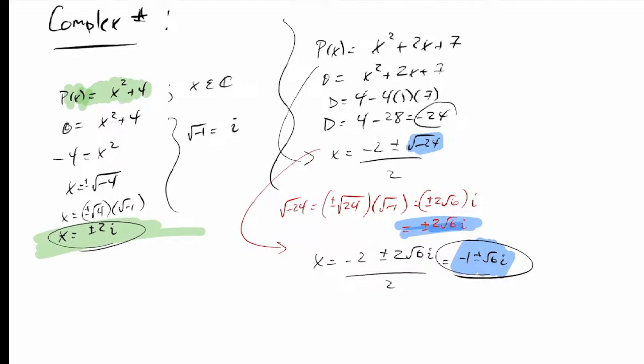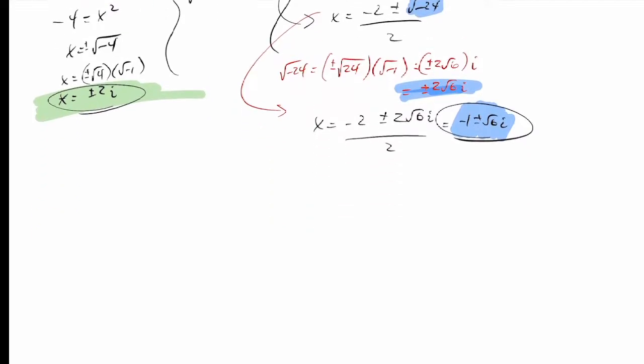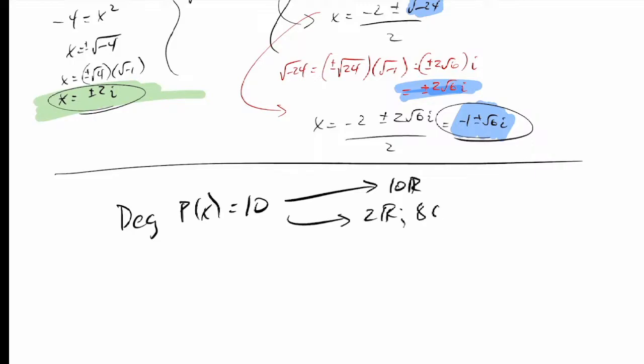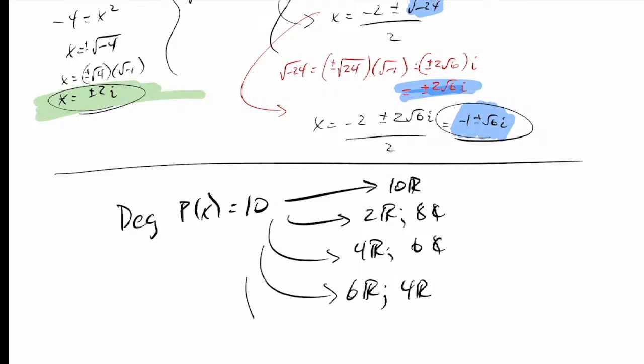But you should know that complex roots come in pairs. For instance, if I tell you the degree of a polynomial that you have is 10, know that you can have 10 real, 2 real and 8 complex, 4 real and 6 complex, 6 real and 4 complex, 8 real and 2 complex, and lastly 10 real roots.